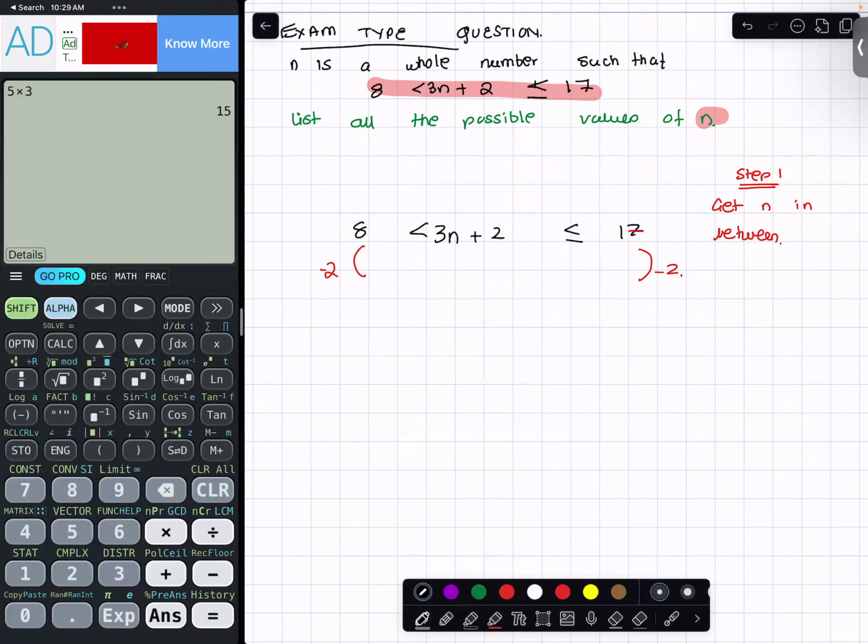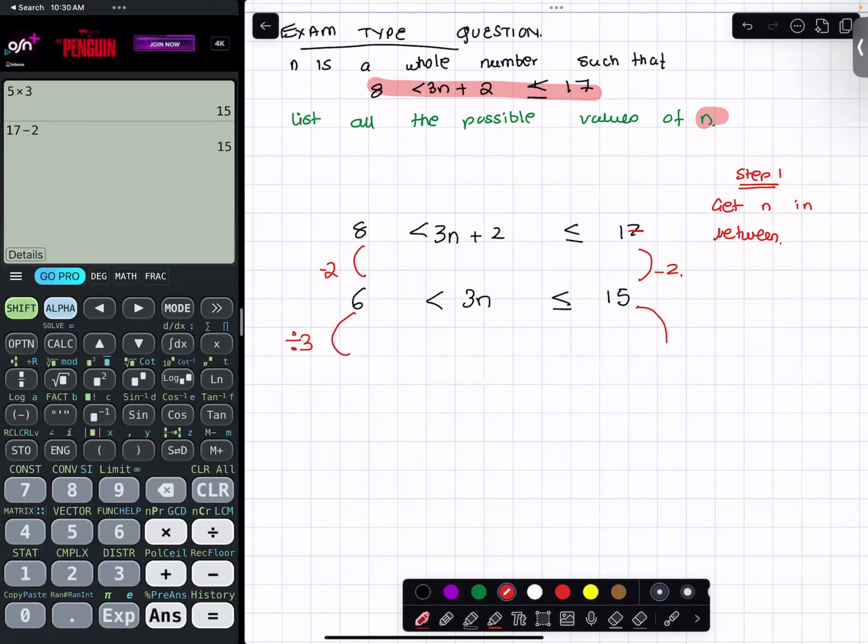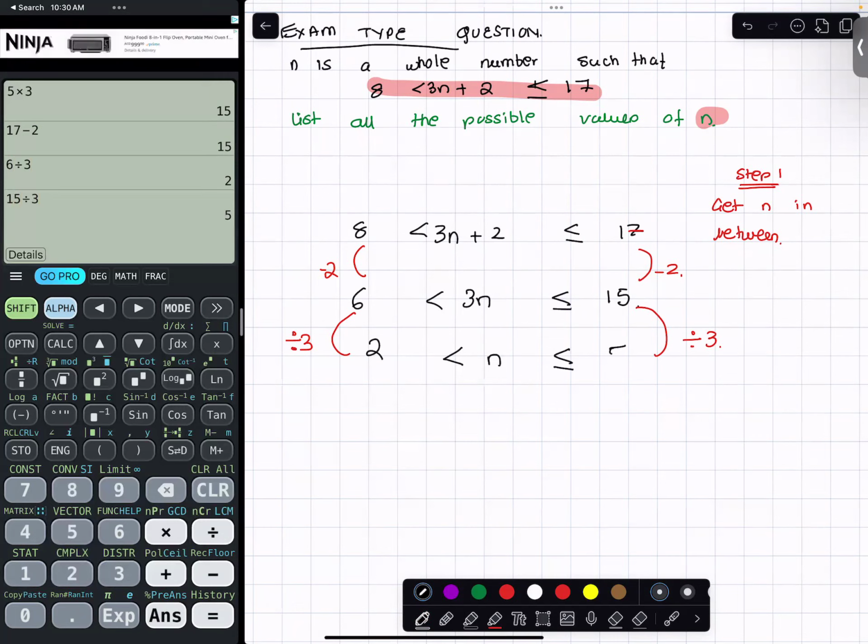So what I will get is 6 less than 3n less than or equal to 17 minus 2, which is going to give me 15. Then what will I do? I will divide by 3. The idea is to get n in between. 6 divided by 3, 2 is less than n is less than or equal to 5.